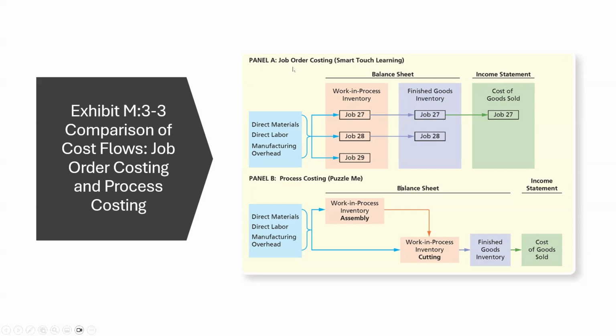And here you see in panel A, job order costing for Smart Touch Learning, there are job cost reports for job 27, 28, and 29, which include direct materials, direct labor, and then you have the manufacturing overhead for each job.